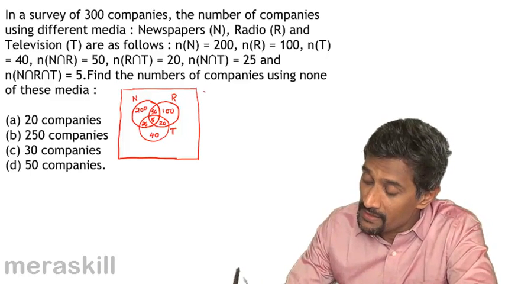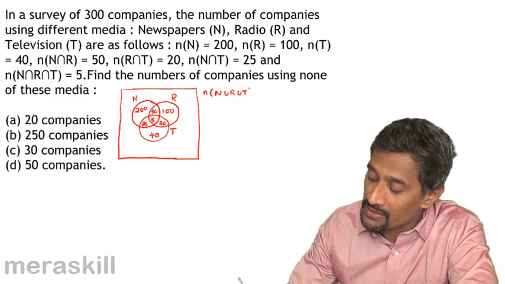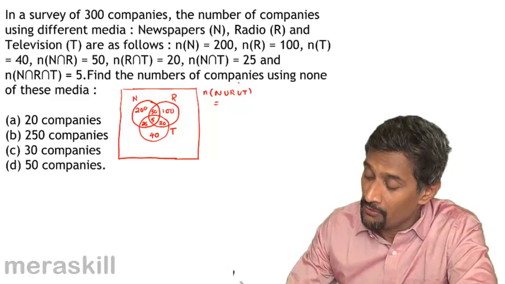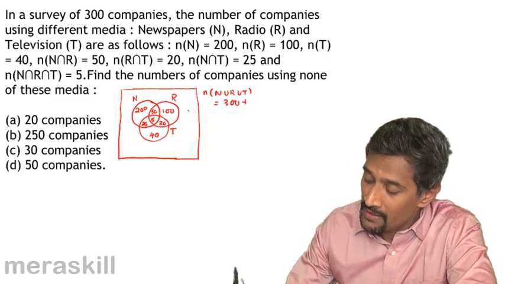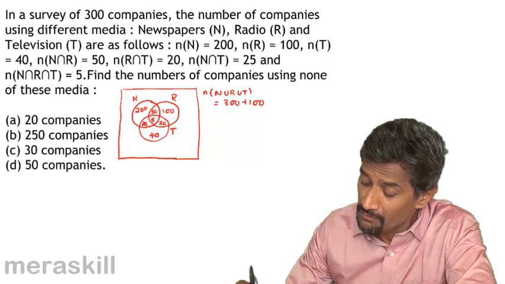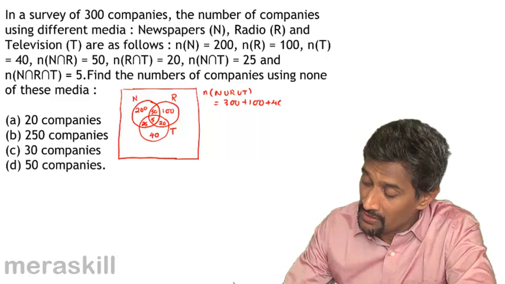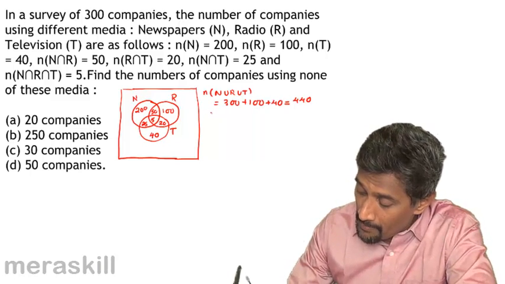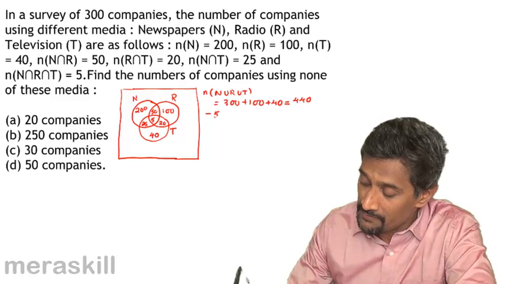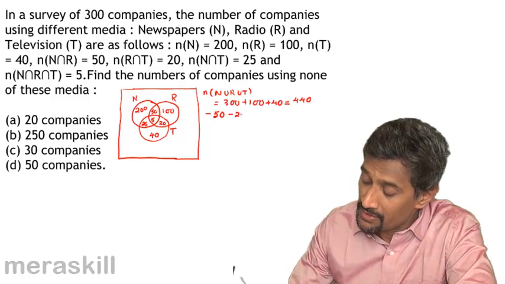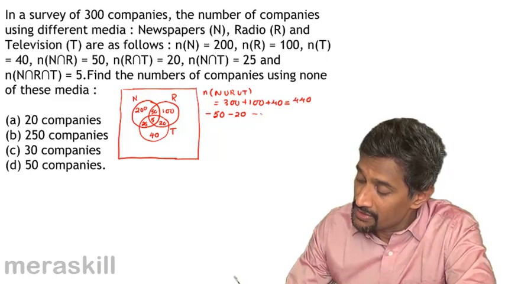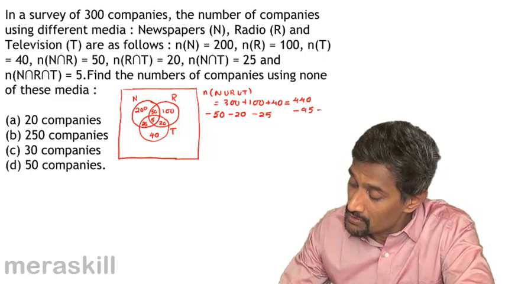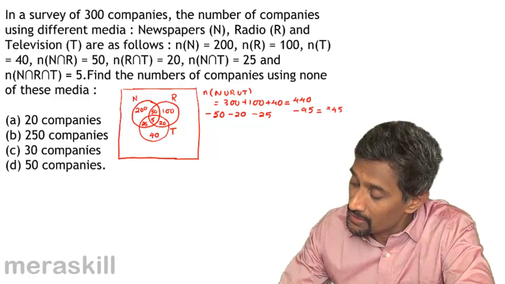So first you need to find n of N union R union T, which would be the number present in this circle, which is nothing but all these 3. n of N, that is 200, plus n of R, that is 100, plus n of T, that is 40, which is going to be 440, minus n of N intersection R, that is 50, R intersection T 20, and N intersection T 25, that is 70 plus 25, 95, and this total turns out to be how much? 345.